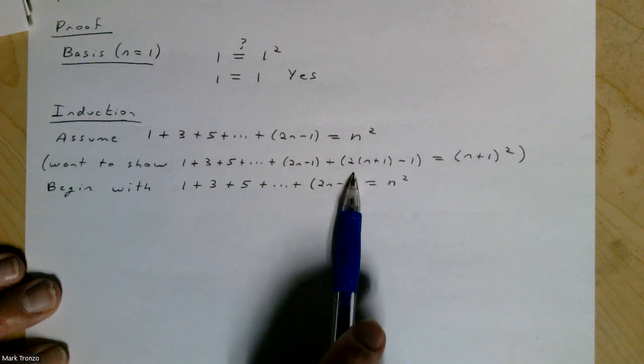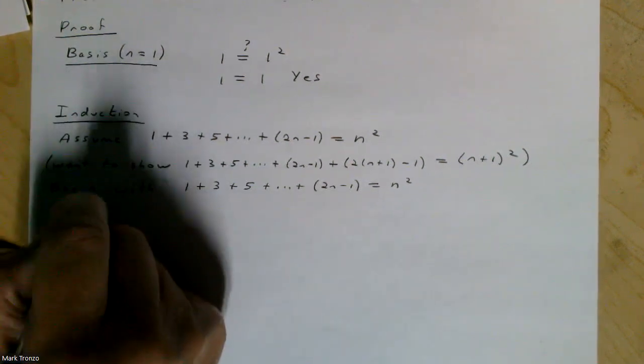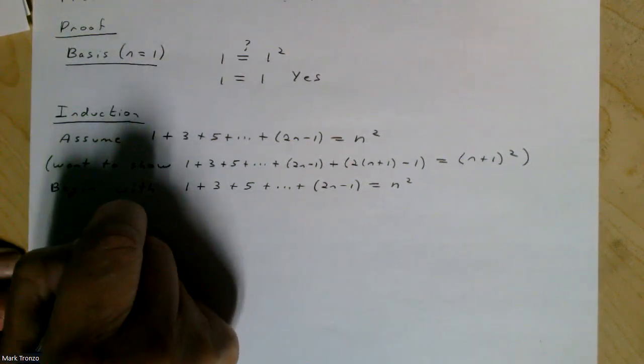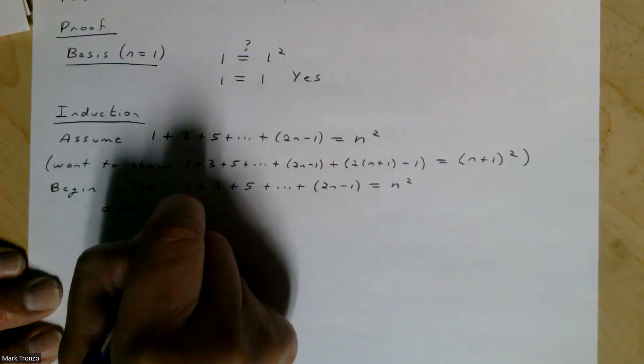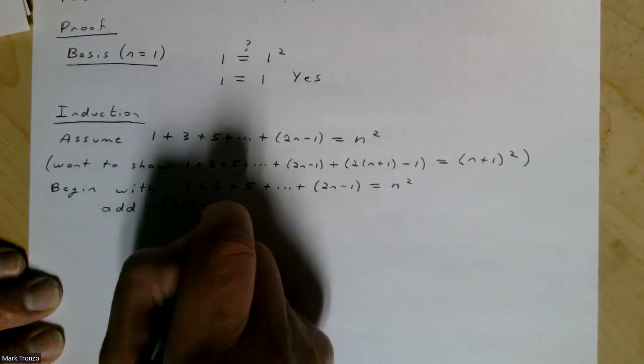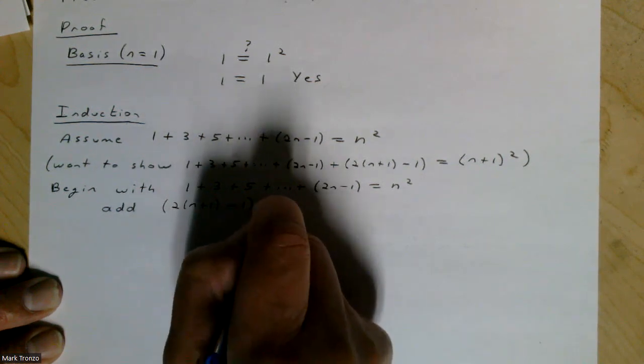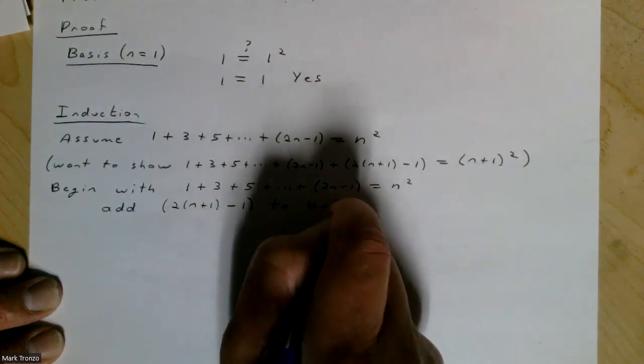to make this match. In other words, add 2n plus 1 minus 1 to both sides.